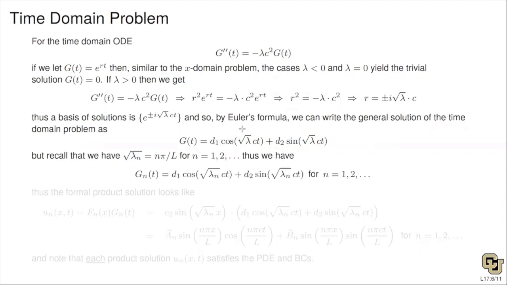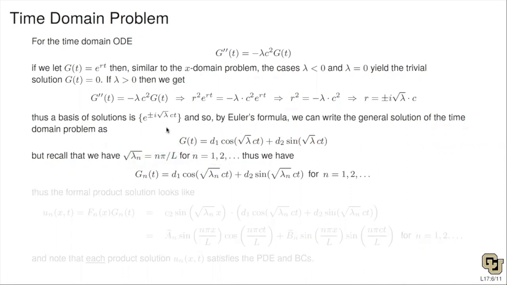Here, this square root lambda gets replaced by this square root lambda in both cases. This is what we found when we solved the X variable problem, the eigenvalue problem, the space domain problem.